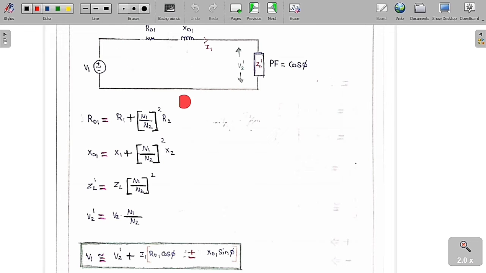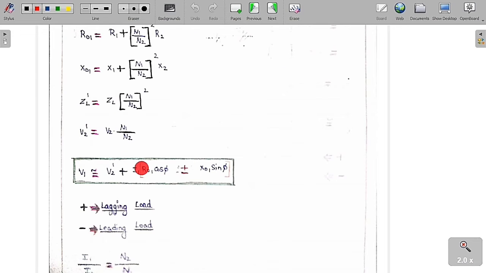Now if I consider only the magnitude values, not the phasor values, then V1 is nearly equal to V2 dash plus I1 into (R01 cos phi plus or minus X01 sin phi). So this is a very important formula.